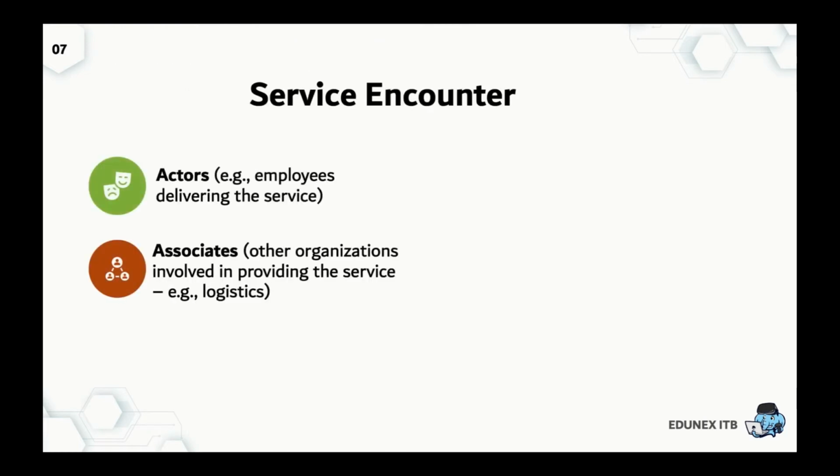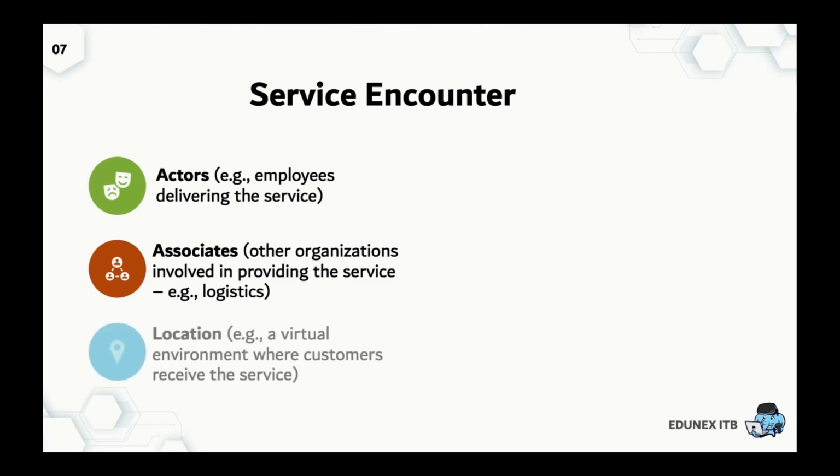The service encounter includes the actor, for example, the employee that delivers the service. Associate, in this case, means support. Associate is other organizations involved in providing the service, for example, the logistics, the cleaner, and so on.